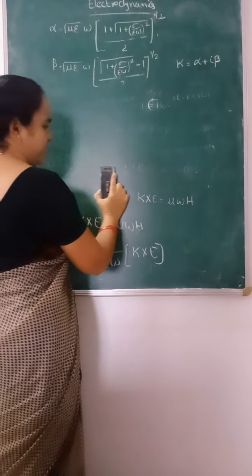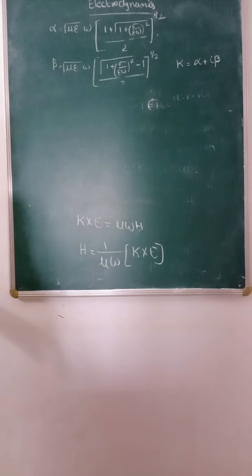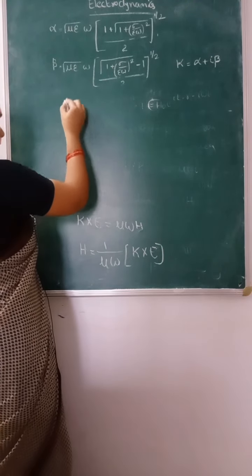We have found that E, K, and H are mutually perpendicular, and H is equal to 1 by mu omega, K cross E. So what is K? K is K into n cap.